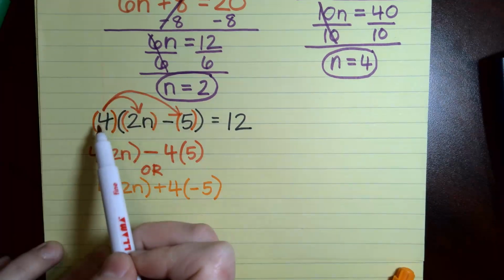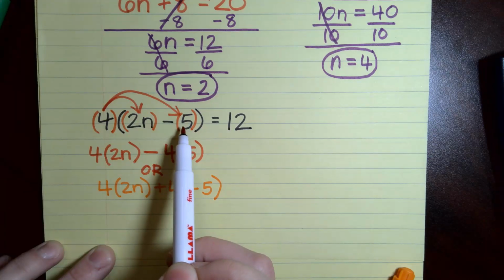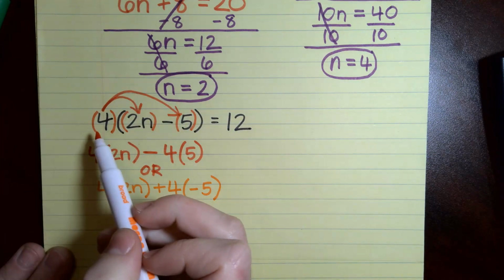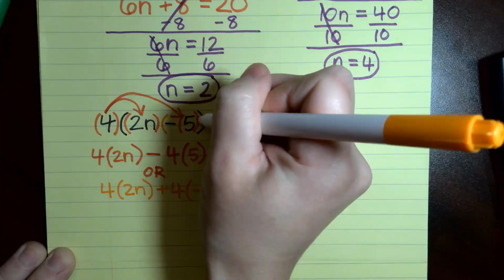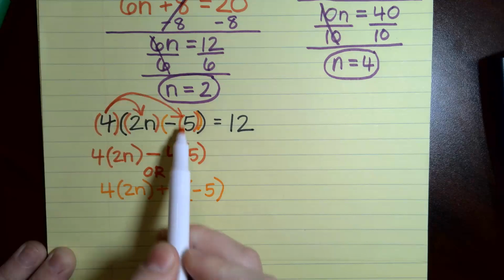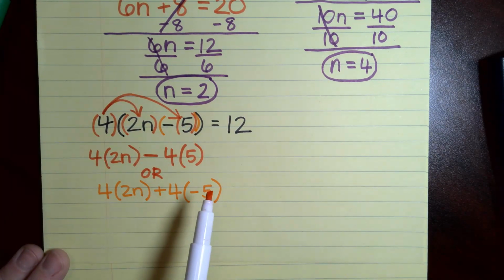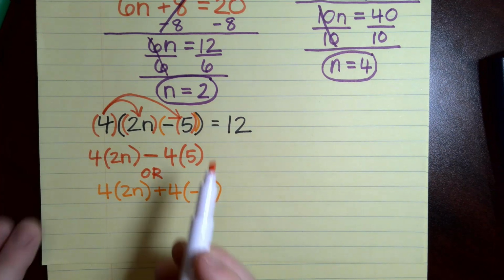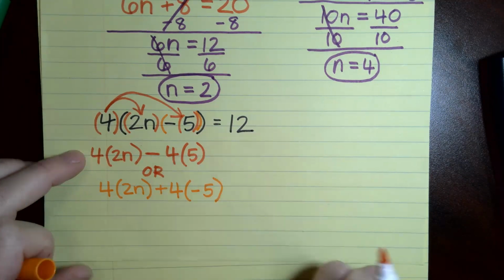You see that 4 times 2n minus 4 times 5. In the second way, I'm doing 4 times 2n plus, I hope this isn't too confusing, 4 times -5. This second way might get you in trouble if you miss a sign, or putting a plus where you don't see one. I would probably recommend, for simplicity, just do the first option, okay?